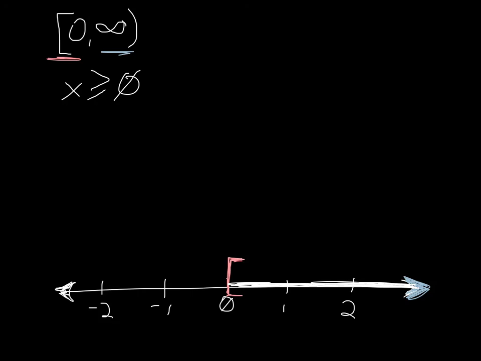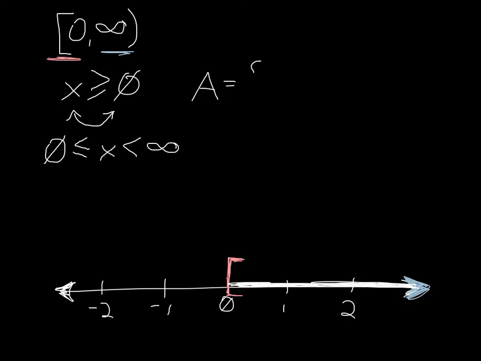Just like the last problem, if we want to make a compound inequality out of it, we can switch these around, put the smallest value on the left, less than or equal to x, and the biggest value on the right. We can convert either one of these to set notation.